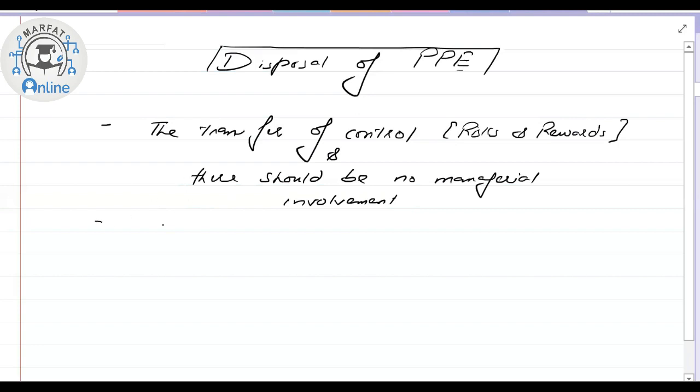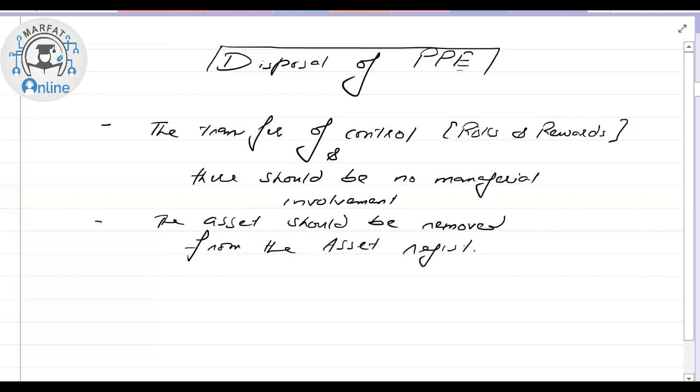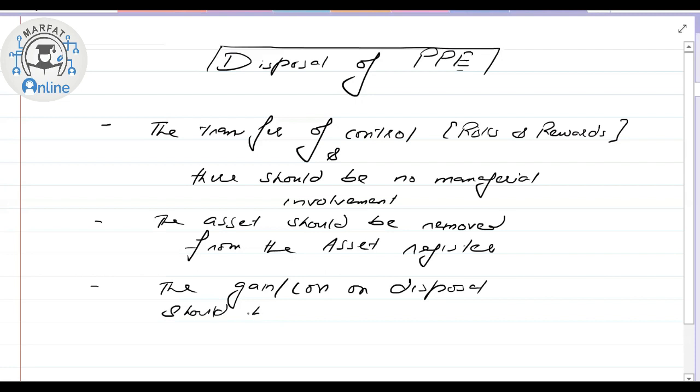Now, once they have transferred the control, the asset should be removed from the asset register because they no longer own this asset, they no longer control this asset, so it should be removed, and the gain or loss on disposal should be recorded in the profit or loss.